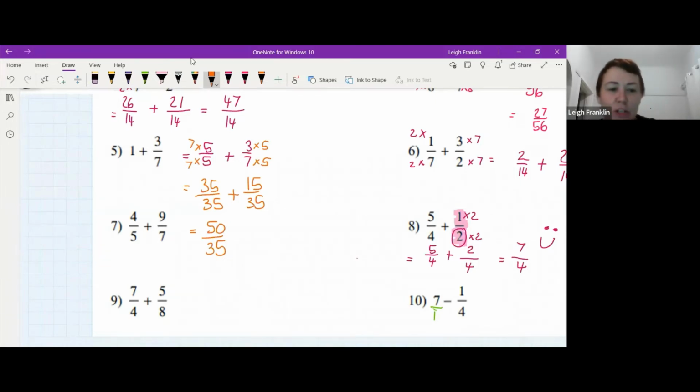If a number ends in 5 or 0, it is going to be a multiple of 5. So what I'm trying to say is both 50 and 35 are in the 5 times table.